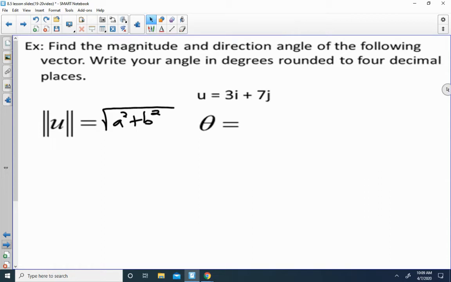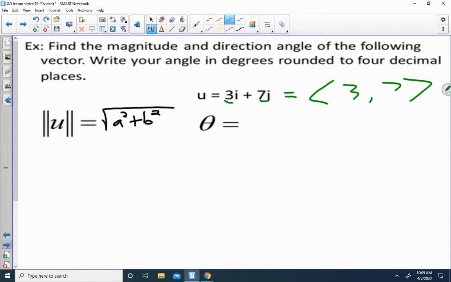Now, you can't really use a and b until you have your component vector form. But if you remember, if you have the unit vector 3i plus 7j, just take the 3 and the 7, and that makes your component form. So therefore, you can use the 3 as your a and the 7 as your b.